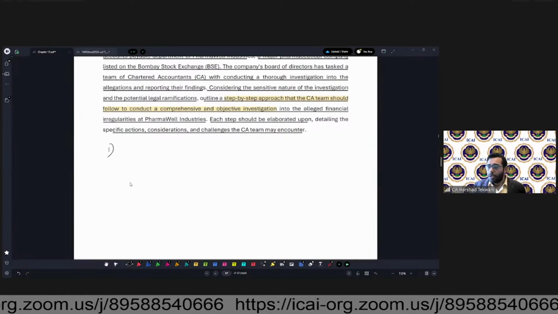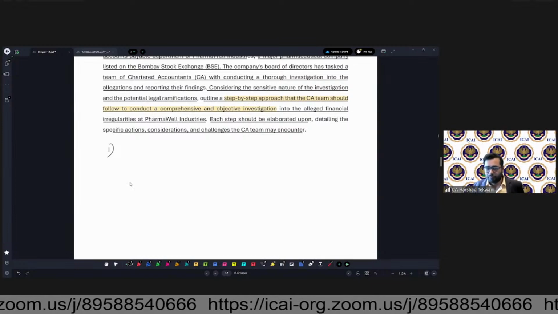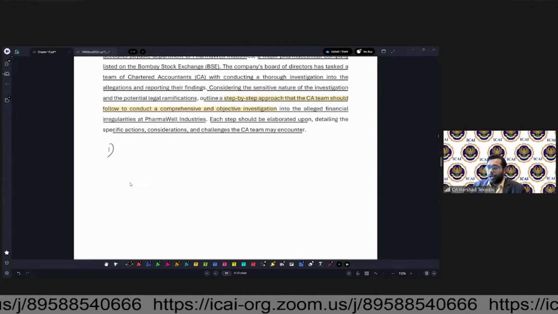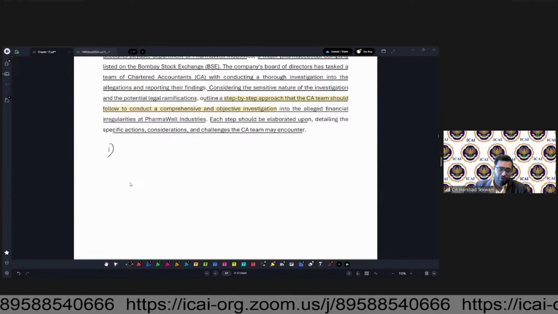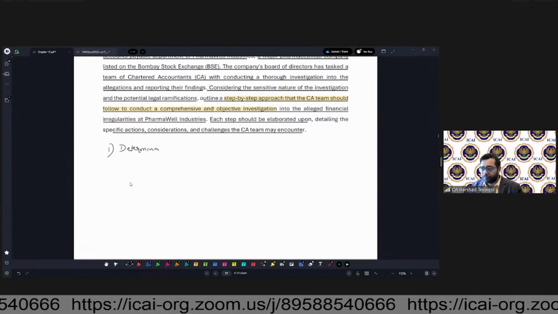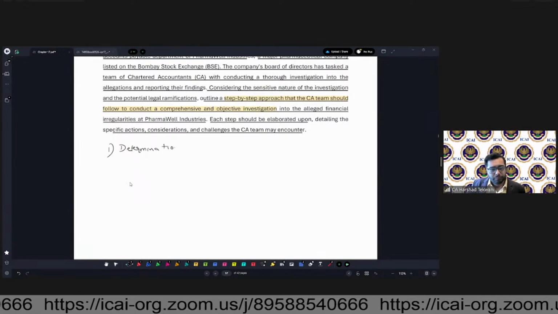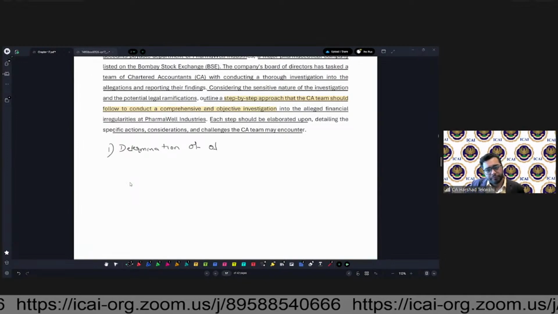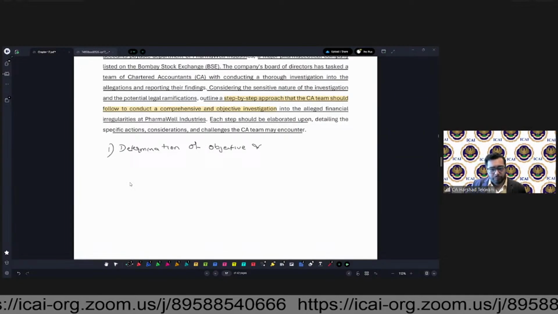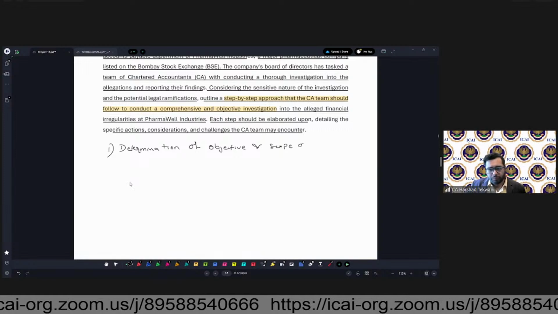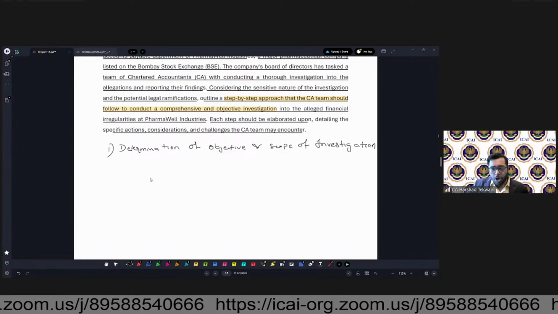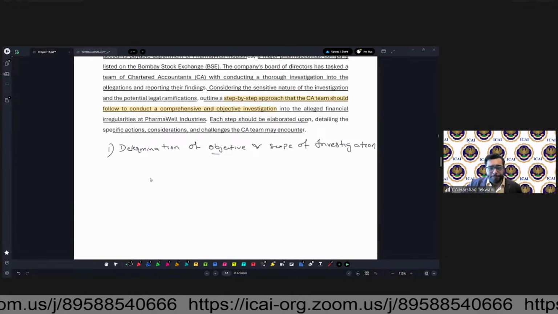First, I will define the objective and scope of the investigation, the determination of it. So first I will identify what is the objective and scope.